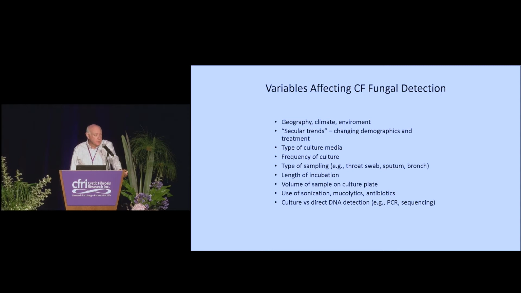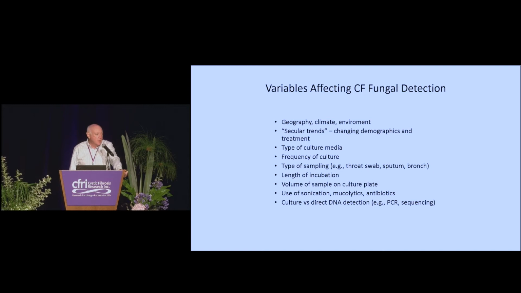There are also secular trends over time, which in medical parlance means changing demographics of the population over time. CF is something we know has changed tremendously over the last 20 or 30 years. And also these differences in treatment, which can have a big effect, which I'll show you in a few moments. Going into the lab, there are many variables that are lab dependent.